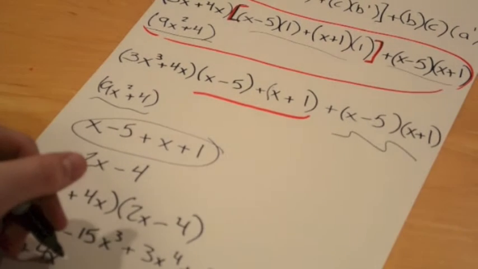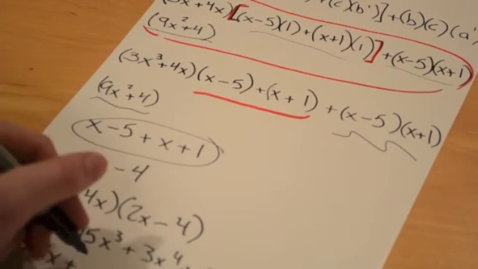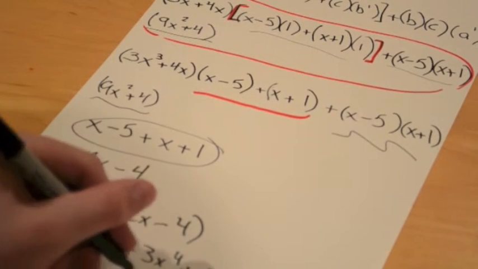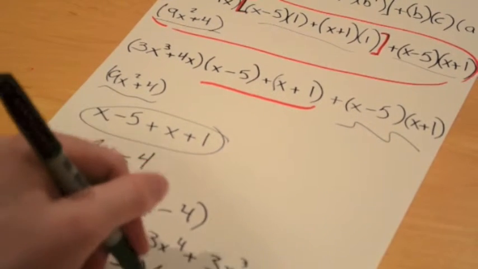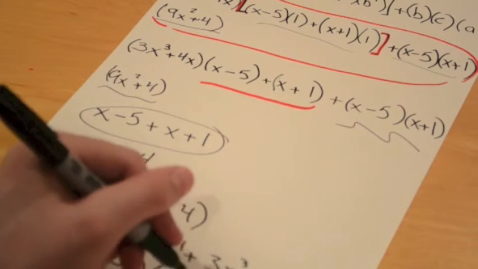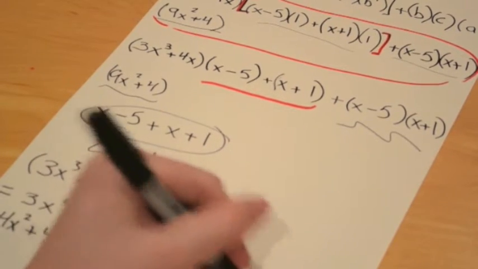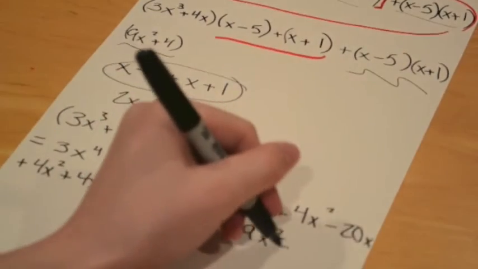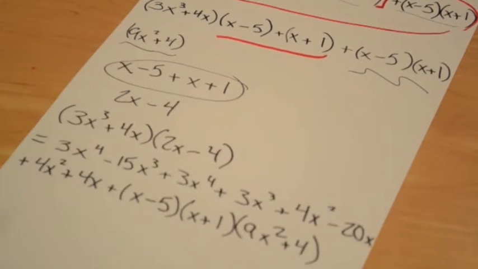So you're just going to add that right into the equation, kind of just leaving it out of context. x minus 5, x plus 1, and 9x squared plus 4. Okay?